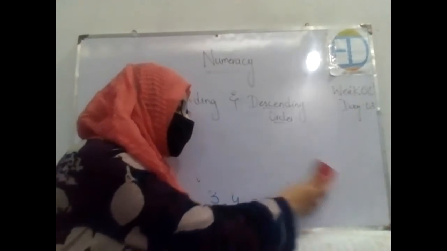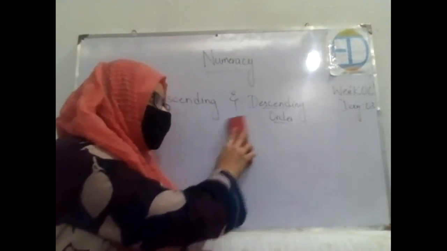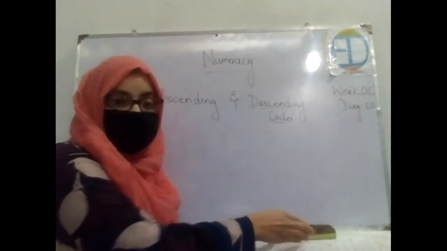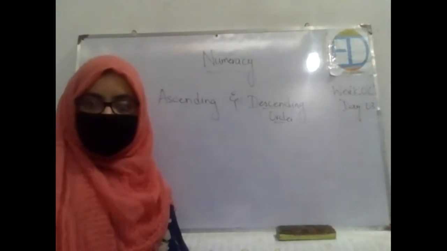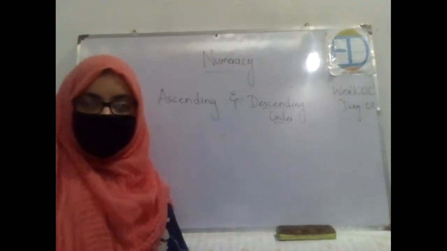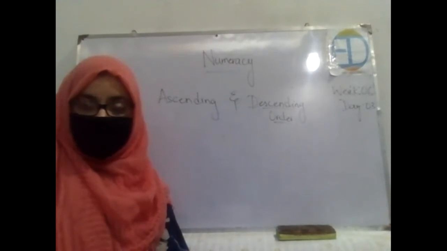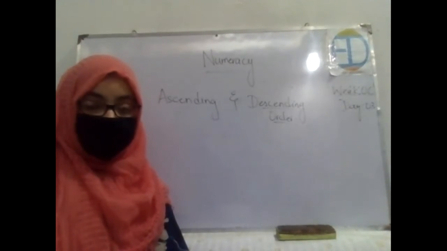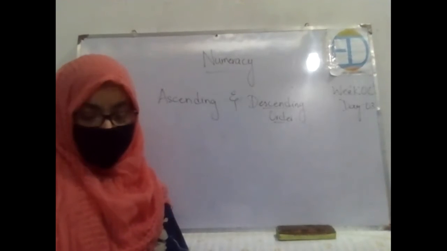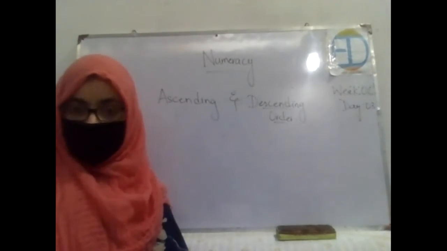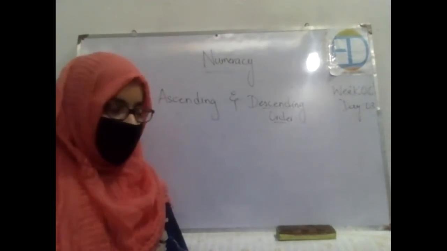Okay, so we have already practiced that. In today's class we will be revising a new topic, that is ascending and descending order. Tell me, how many of you have heard this term before? Raise your hands. Can you tell me what ascending means? Ascending means go up. Excellent. And descending means go down.